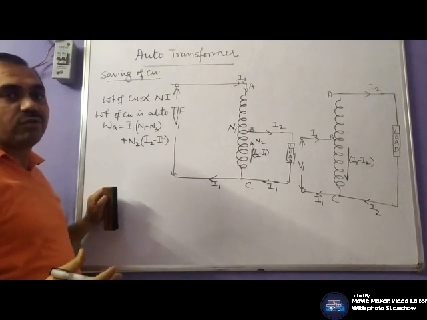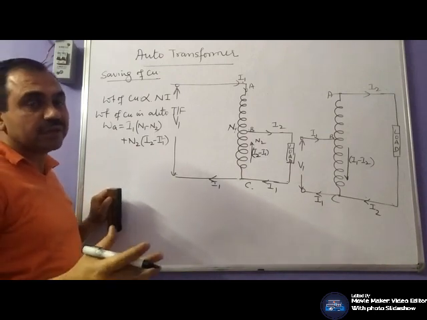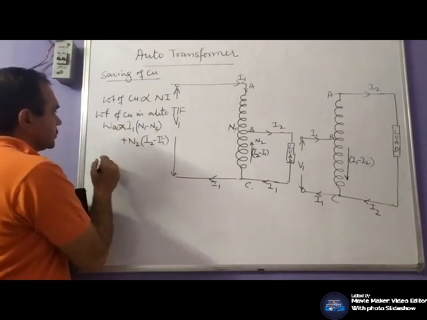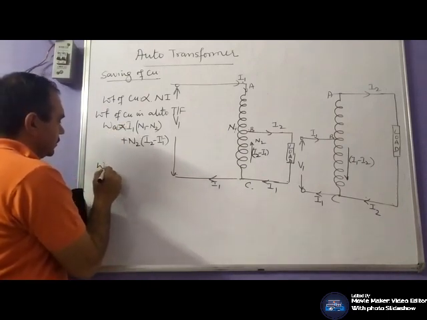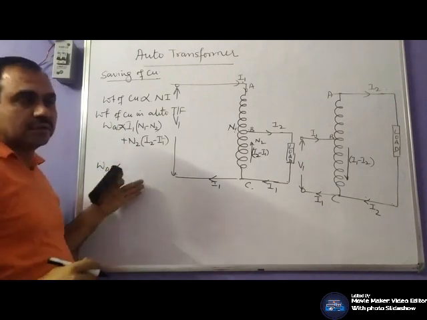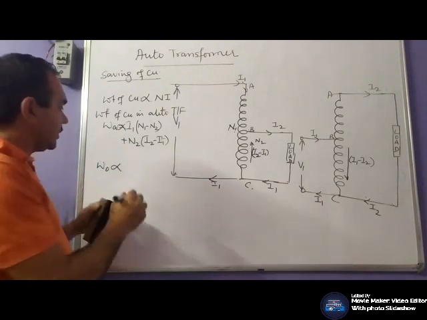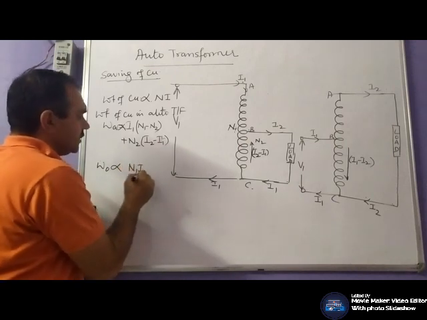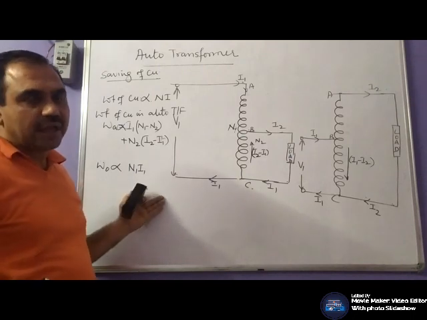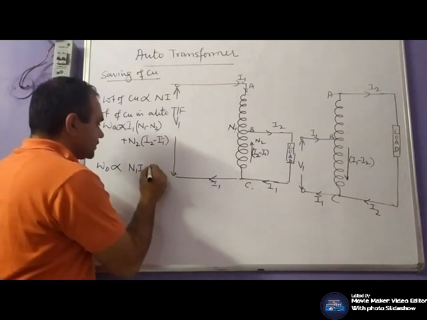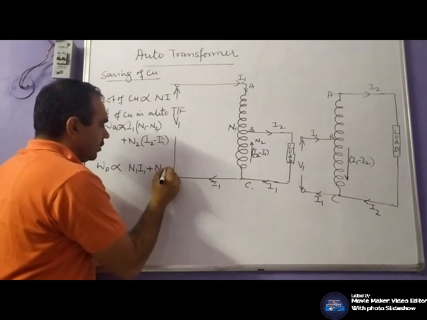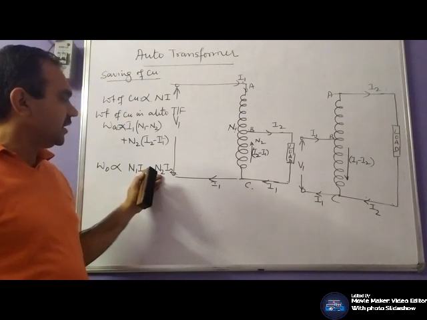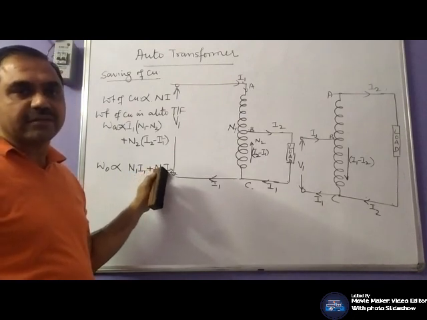Now, the weight of the copper in case of an ordinary transformer or a two-winding transformer is proportional to the weight of the copper of the primary winding, N1 I1, number of turns in the primary winding and current in the primary winding, plus the weight of the copper of the secondary winding, which depends upon the number of turns of the secondary winding and current in the secondary winding.